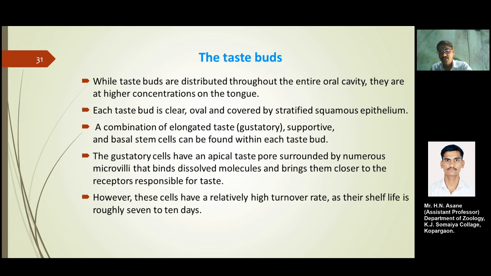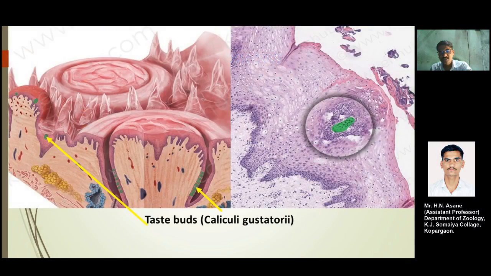As you can see in this slide, the picture shows the taste buds, which I have highlighted with arrows. They are located on the circumvallate papillae, which have the taste bud locations.